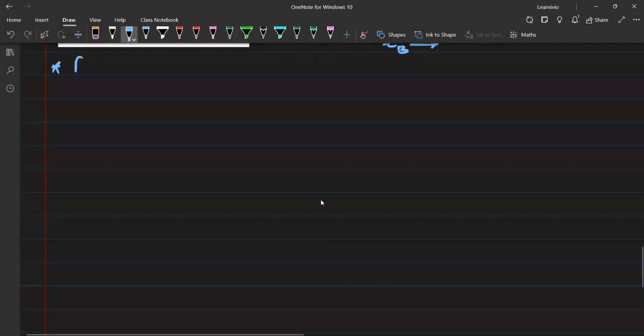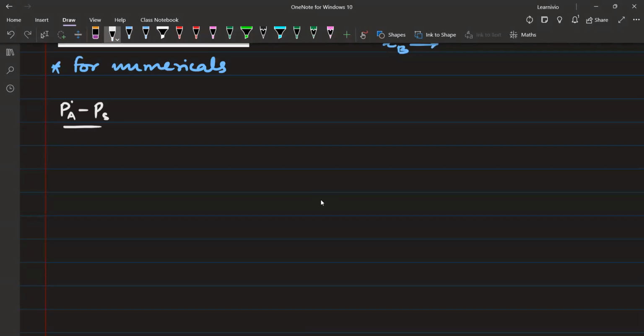For numericals we have seen that P naught A minus P solution divided by P naught A will be equal to chi B, and chi B is the mole fraction of solute. Mole fraction is moles of solute divided by moles of solvent plus moles of solute.